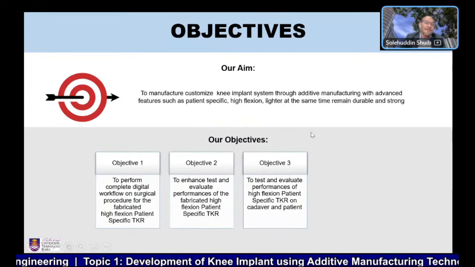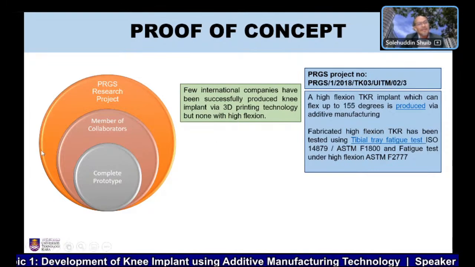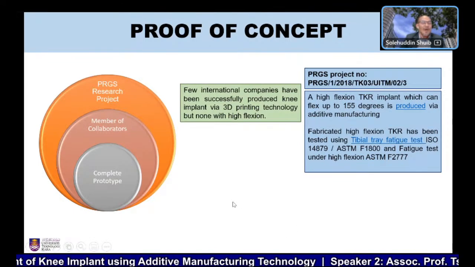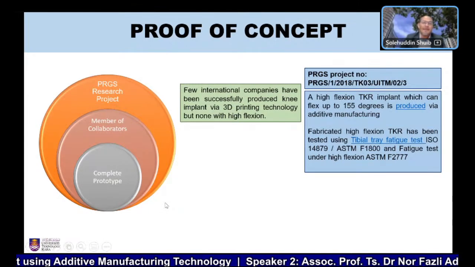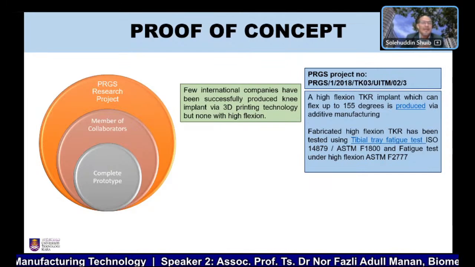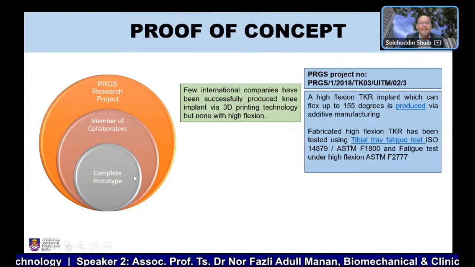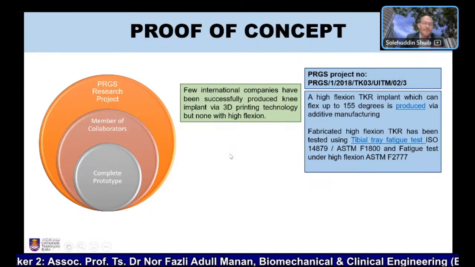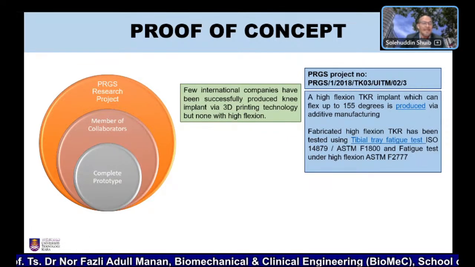This is our previous work regarding this project. Basically, we started this project quite some time ago, and in our last PRGS project, we successfully developed a high flexion TKR implant, which can flex up to 155, and it has been fabricated and tested. I sent the sample to Endo Lab in Germany to do a series of testing in terms of high flexion and fatigue.